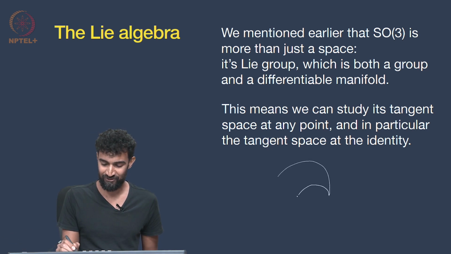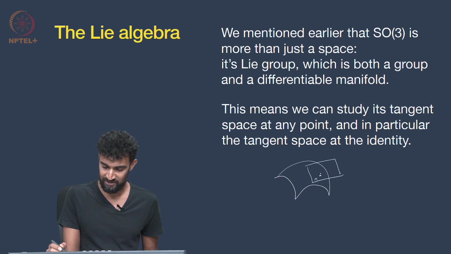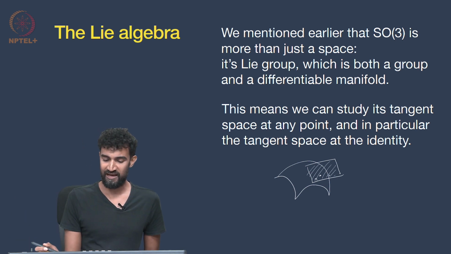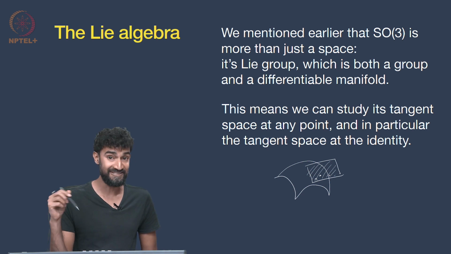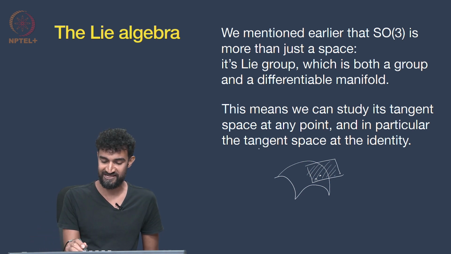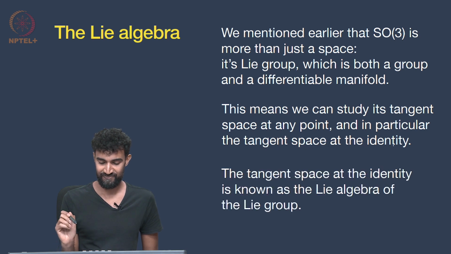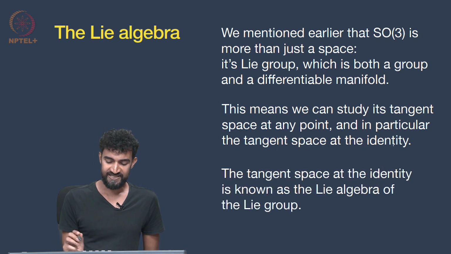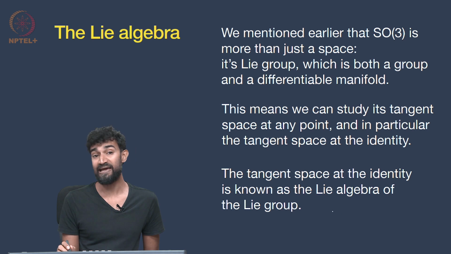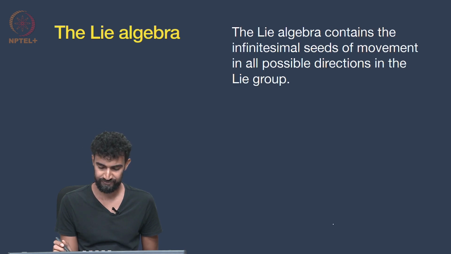In a differentiable manifold, at a point x, you can look at its tangent space. And in particular, since it's a group, it has an identity element, and we can look at its tangent space at the identity. The tangent space at the identity is known as the Lie algebra of a Lie group.